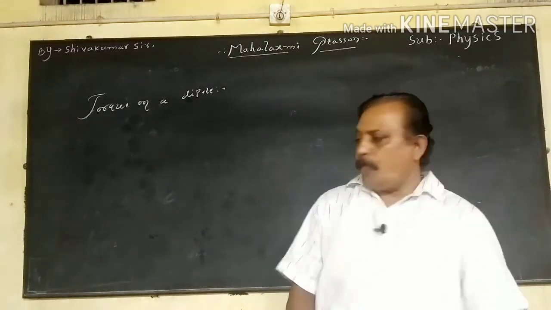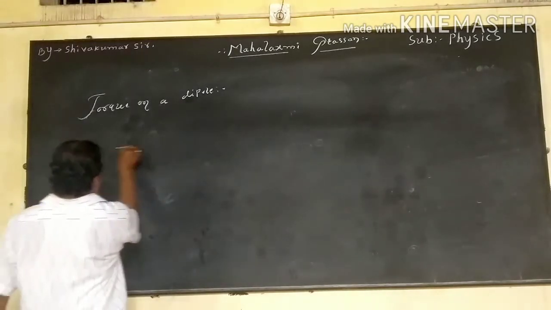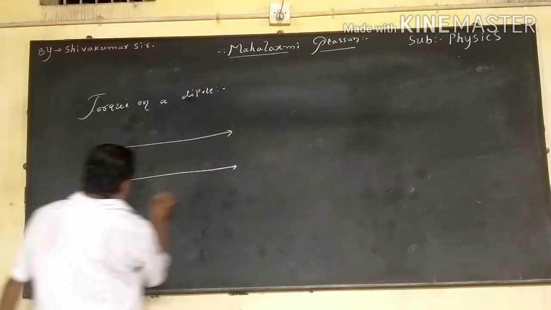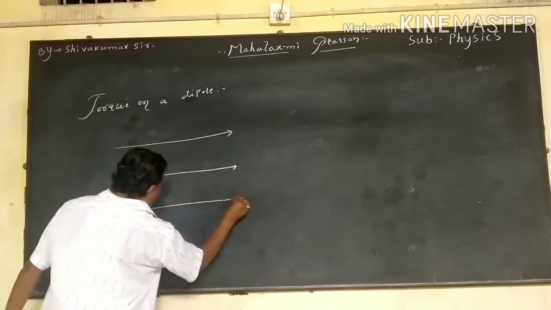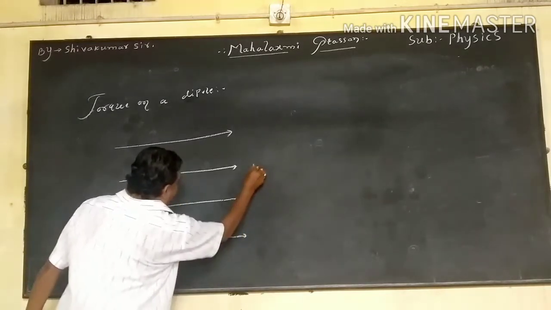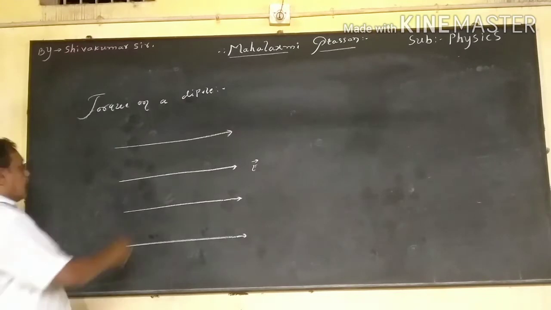It is represented by a set of electric lines of force, which are equispaced and in the same direction. Now this is the uniform electric field. Is it clear?